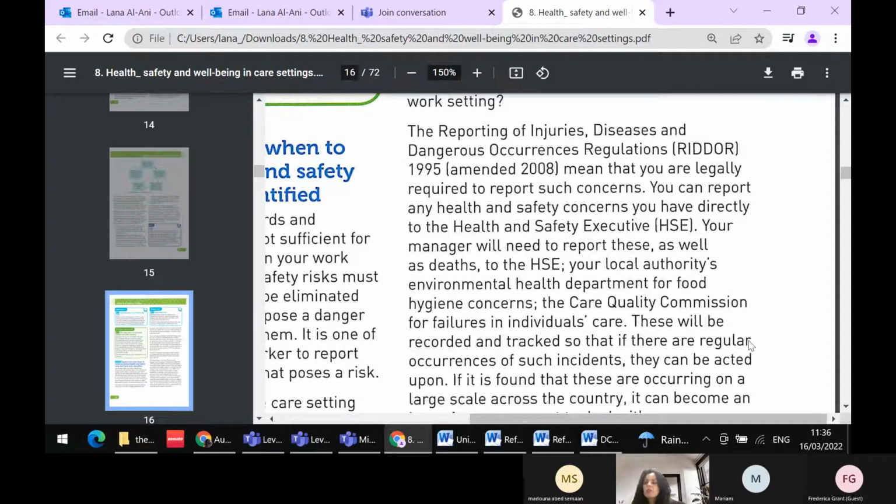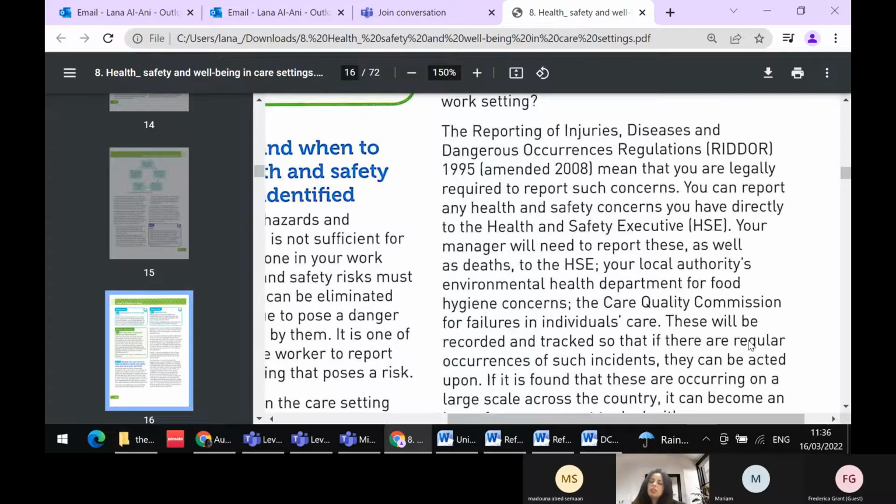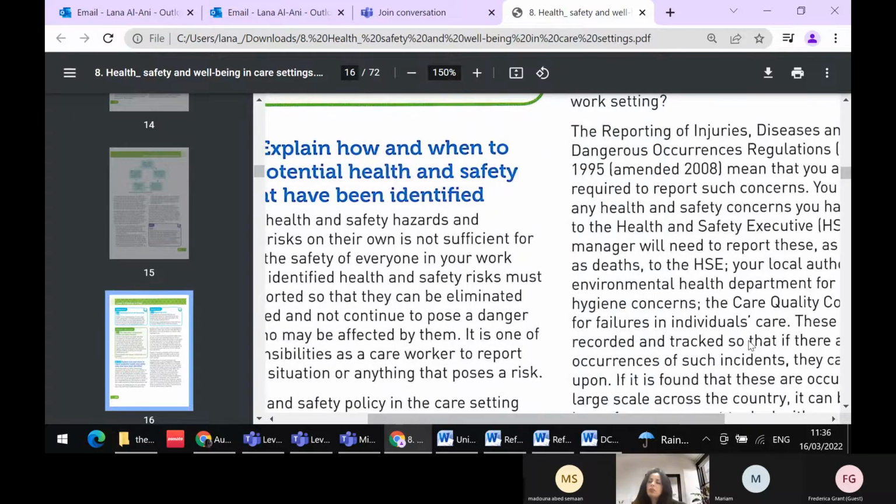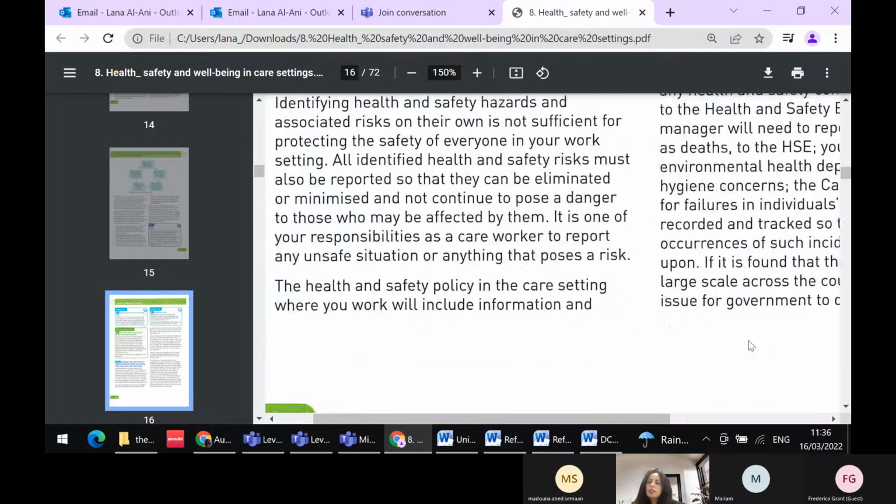So you have the responsibility to report all these issues, like deaths of people, hygiene concerns, food hygiene, diseases, illnesses, to your manager, and your manager has the responsibility to report it to the other organizations.